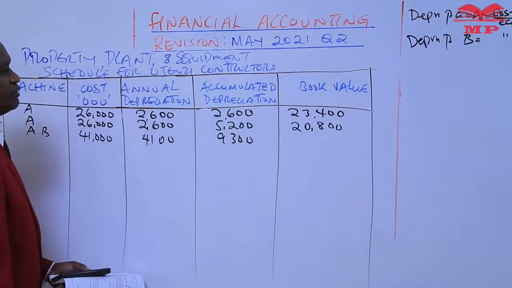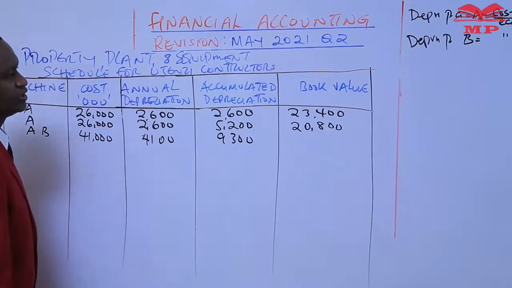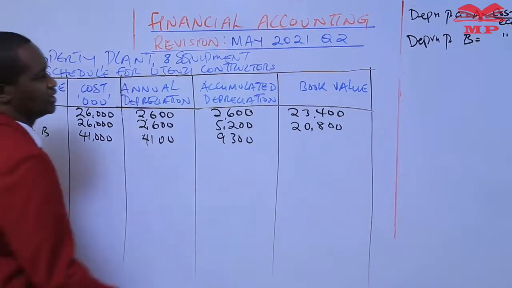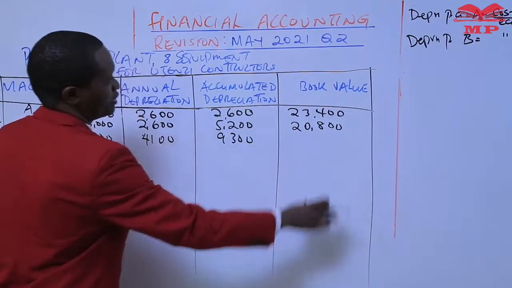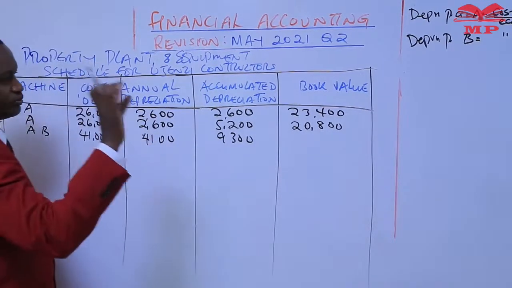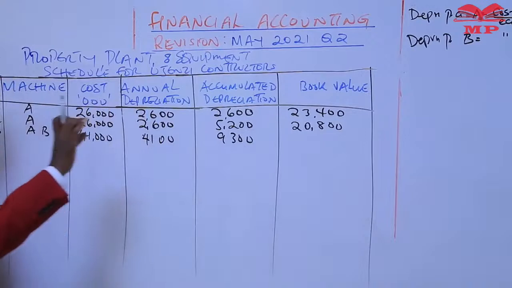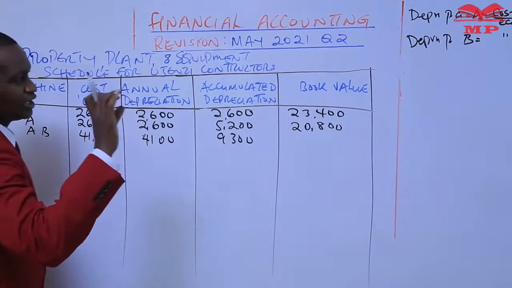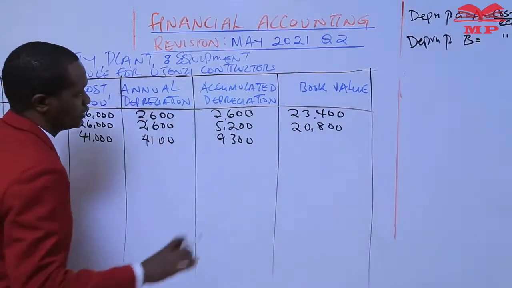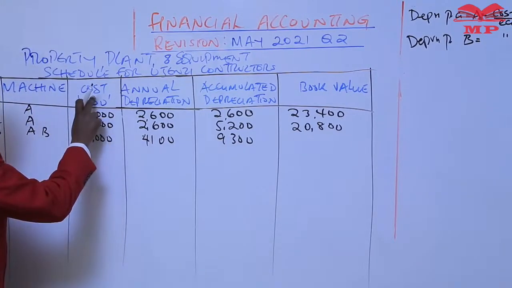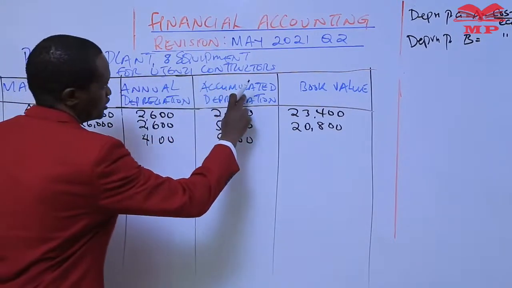So we are going to determine the book value for the two machines. How do you calculate book value? Book value is equal to the cost minus accumulated depreciation.